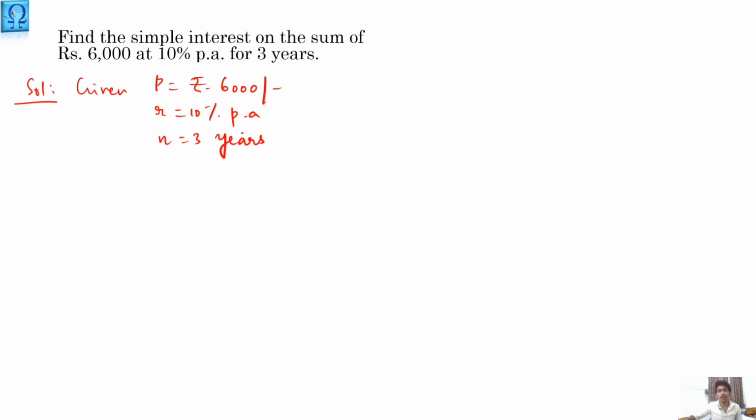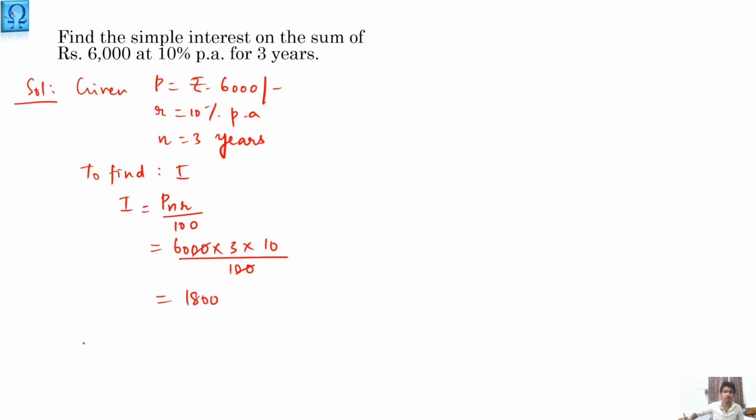Here we will have to be very careful with the units. And we are asked to calculate the I value, the interest value. So we know I is PNR upon 100. The P value here is 6,000, N value is 3 and R is 10 upon 100. Once you do the calculations, what are you going to get?